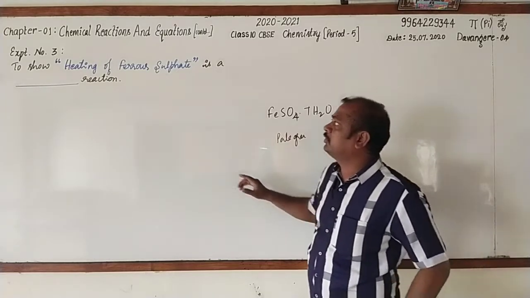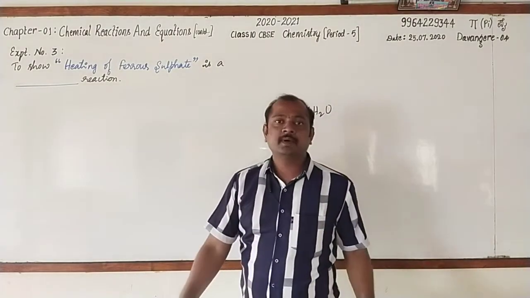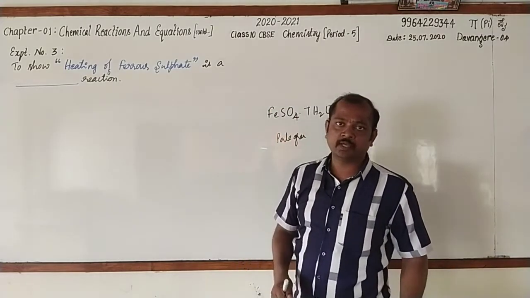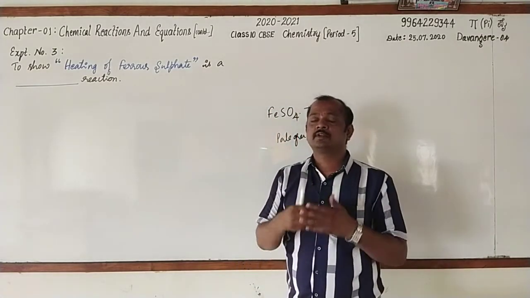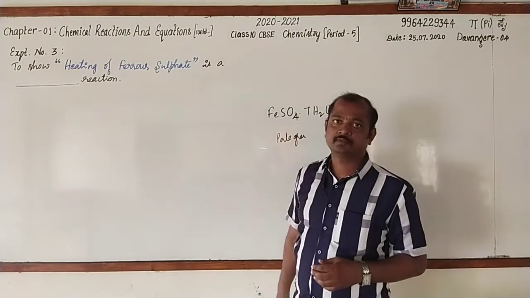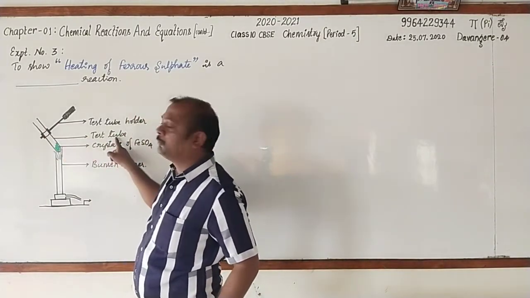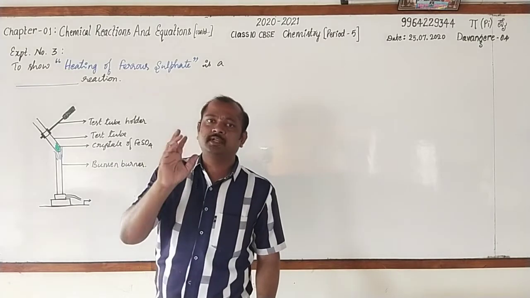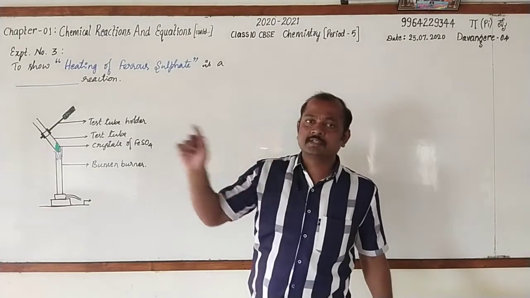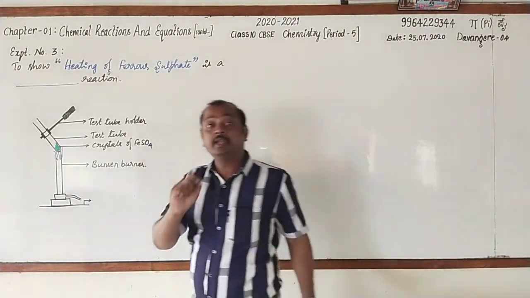Now let us come to know what happens when it is heated. For heating we need a Bunsen burner, a test tube, and a test tube holder. After knowing all these materials, let me show how to arrange them with a diagram. I will draw it. Dear students, observe. First we have taken a boiling tube. A boiling tube is nothing but a test tube. We use the words boiling tube because this is the hard glass test tube used for heating.